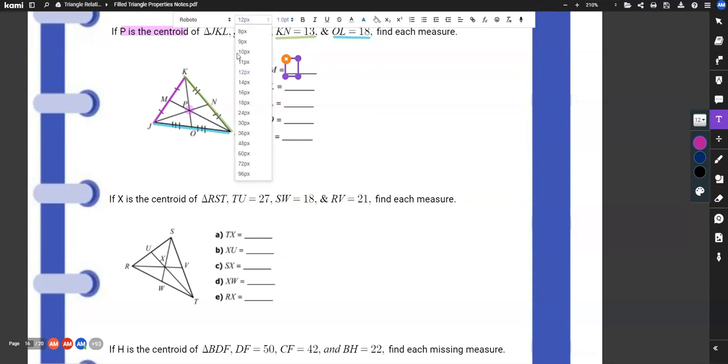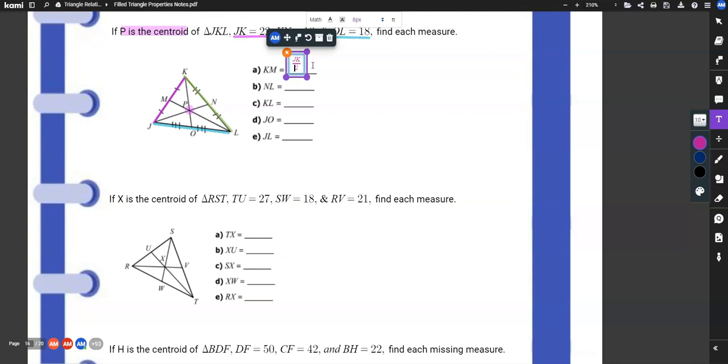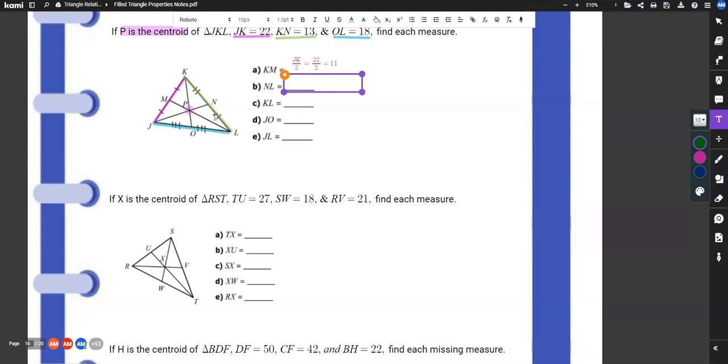So we're going to go ahead and put that in our formula tool. So JK divided by 2 will give us KM. And JK is given to us as 22, which if we divide by 2 is going to be 11. So KM is 11.